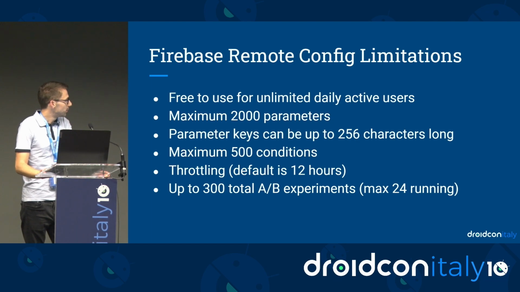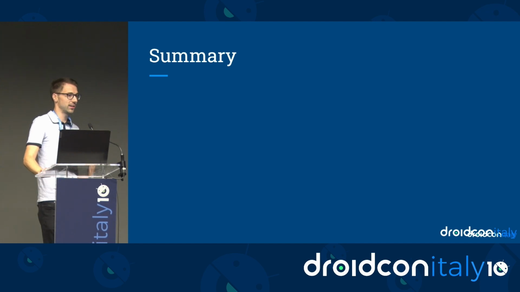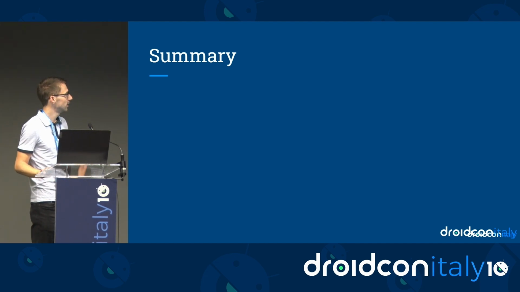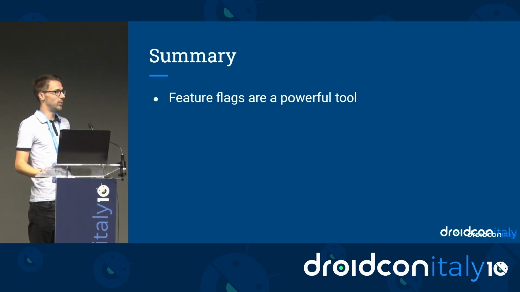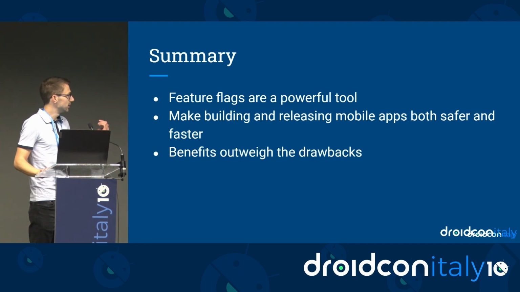Cool. So to summarize everything, feature flags, I hope it became clear that they can be really powerful, not just to you, but also to your company, because they can make you move faster and be safer when something goes wrong. There are some drawbacks, but I would say the benefits are much better.